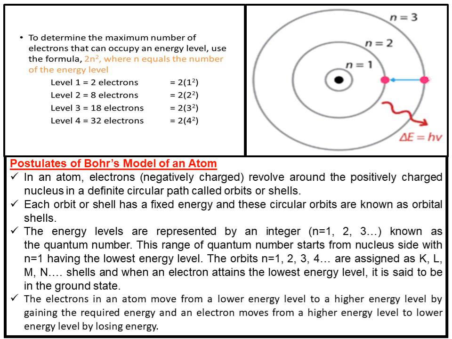The number of electrons in each orbit is governed by the formula 2n square. When n is equal to 1, that is the K shell, 2n square is equal to 2 into 1 square, which is 2 electrons. When n is equal to 2, that is the L shell, 2 into 2 square is equal to 8 electrons.